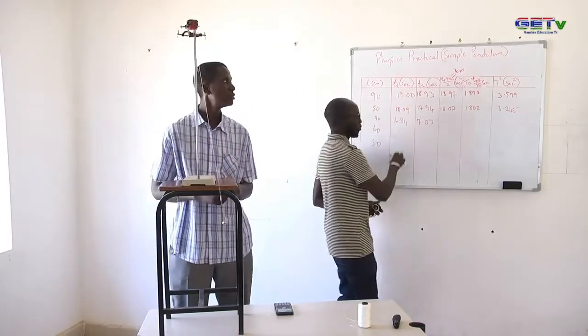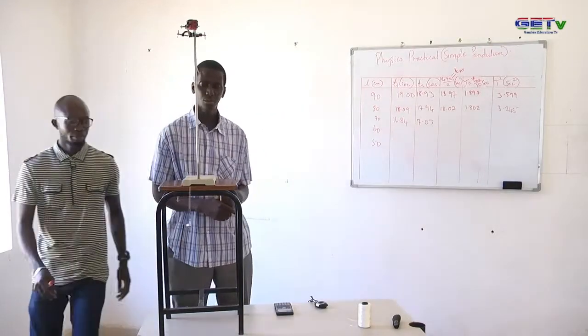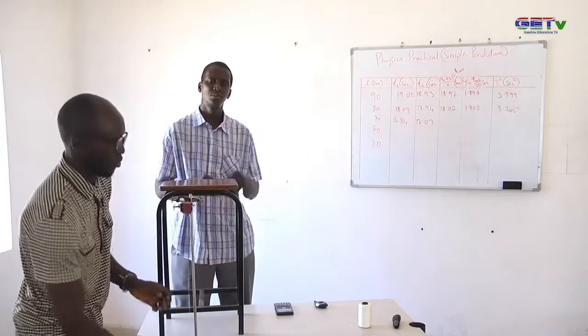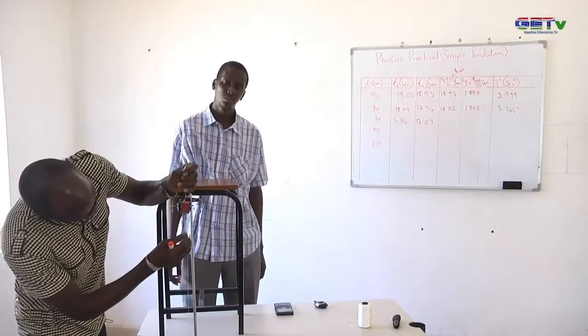So now we will just quickly do all the rest, and then we would go to the board and perhaps permanently be on the board. We now go to 60.